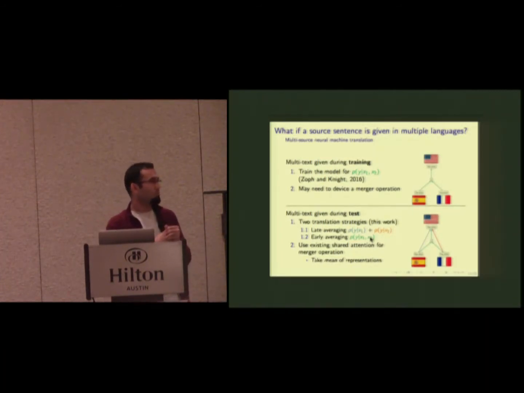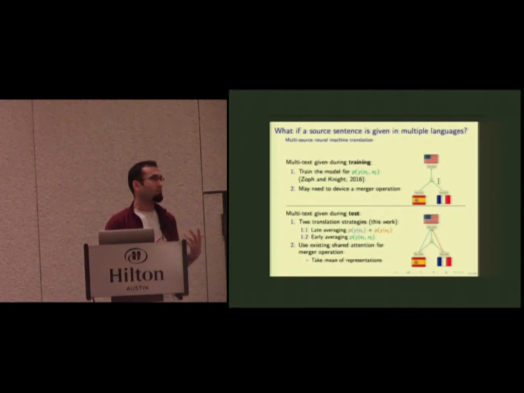The original proposal of multi-source translation came this year from Zoph and Knight. What they were doing is using multi-text, and they were training their model using this multi-text, in their case Spanish and German, French and German into English. But that necessitates a merger operation, which is a parametric operation, and they were using a complicated architecture to do that.